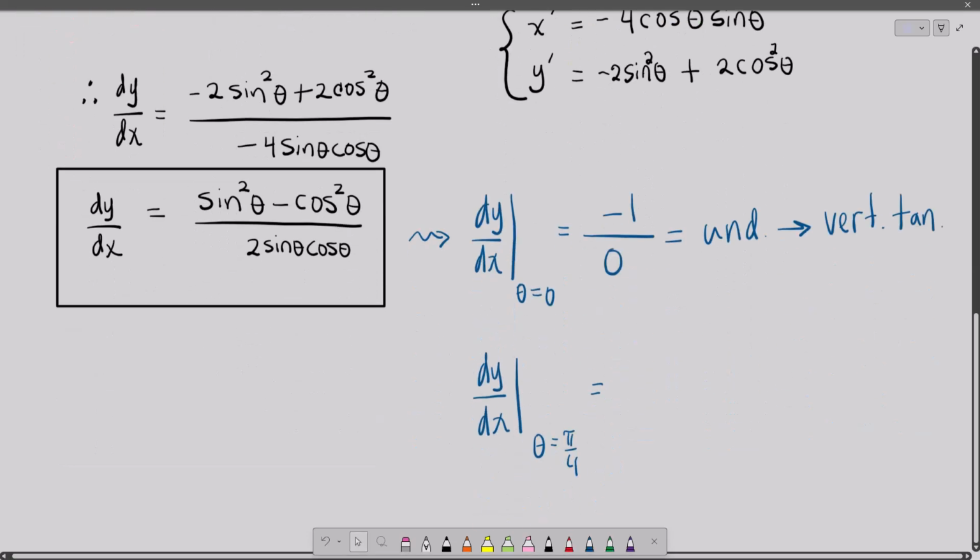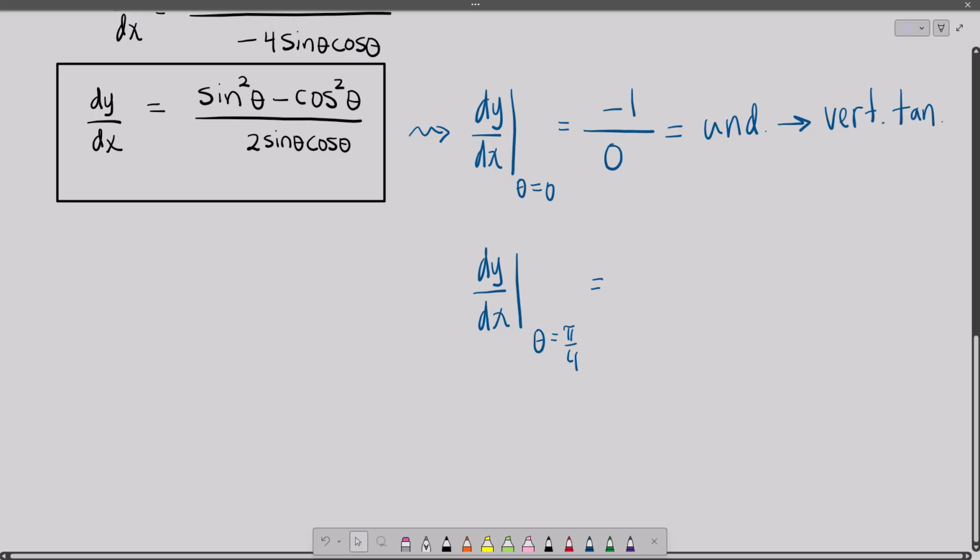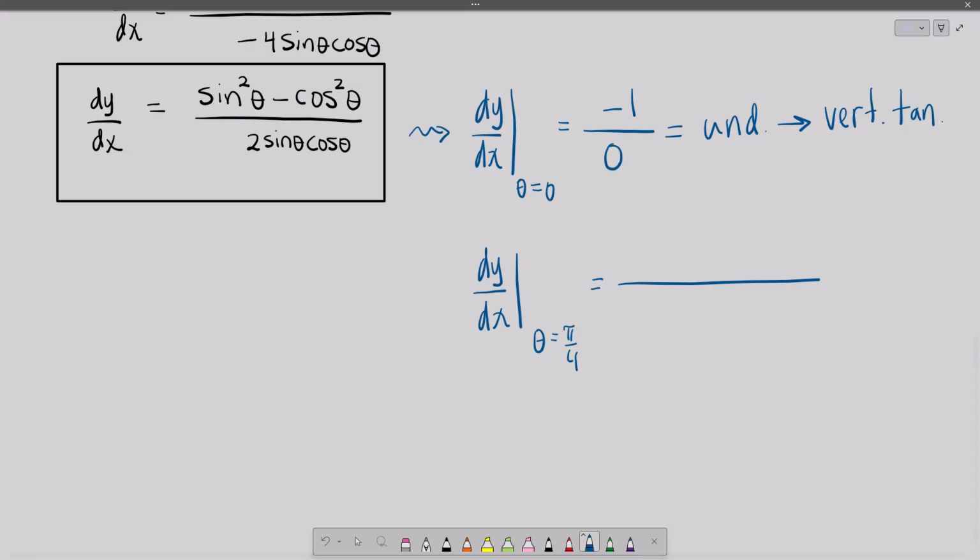So let's see. If we plug pi over 4 into this messy looking equation, sine of pi over 4 can be written as root 2 over 2 or 1 over root 2. Those are the same thing. In this case, it's a little easier to think of it as 1 over root 2, because then when you square it you just get 1/2. So we would have 1/2 minus 1/2. Sine and cosine are both 1 over root 2. So the numerator is 0, and we're going to get 0 unless the denominator is also 0.